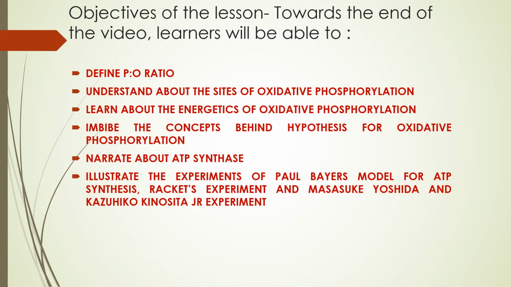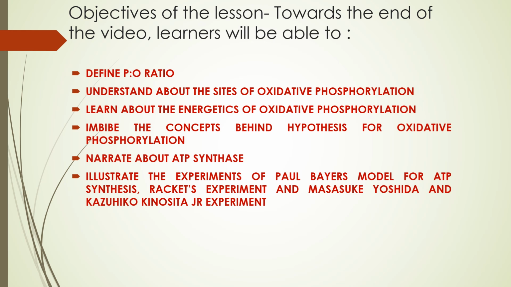Objectives of the lesson. Towards the end of the video, the learners will be able to define what is P-to ratio. They will understand about the sites of oxidative phosphorylation. They'll learn about the energetics of oxidative phosphorylation.